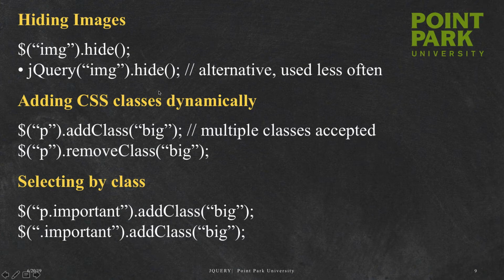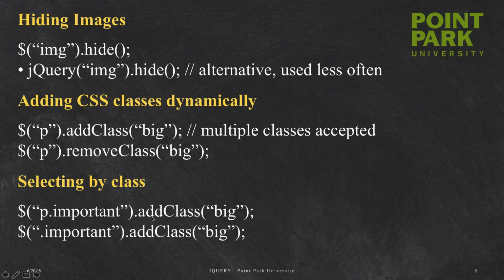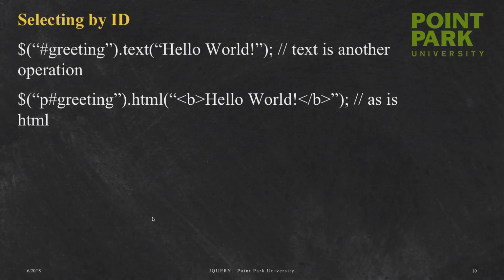You can also add CSS classes dynamically. So in this case, P for paragraph, you're adding a class which is big, and maybe that class is to increase the font size of something. This one right here is removing, and then this feature right here, selecting by class. And we will do all this in our lab as well.